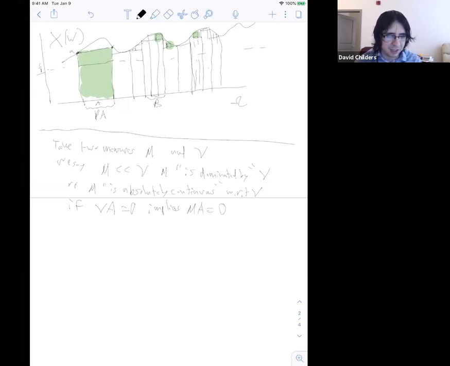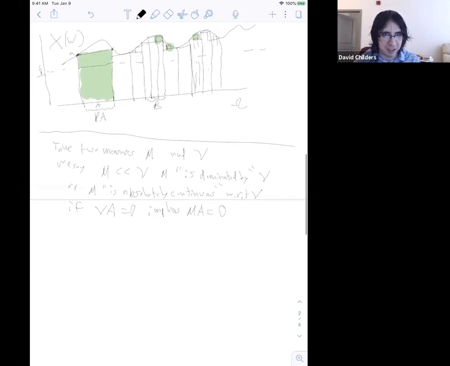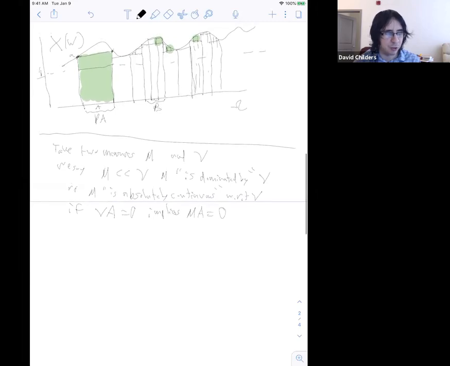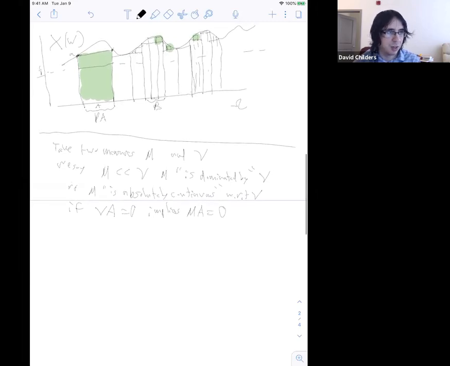So this doesn't say that the measure of any set with respect to mu is less than or equal to the measure of any set with respect to nu. It requires that only for sets of measure 0 with respect to nu.